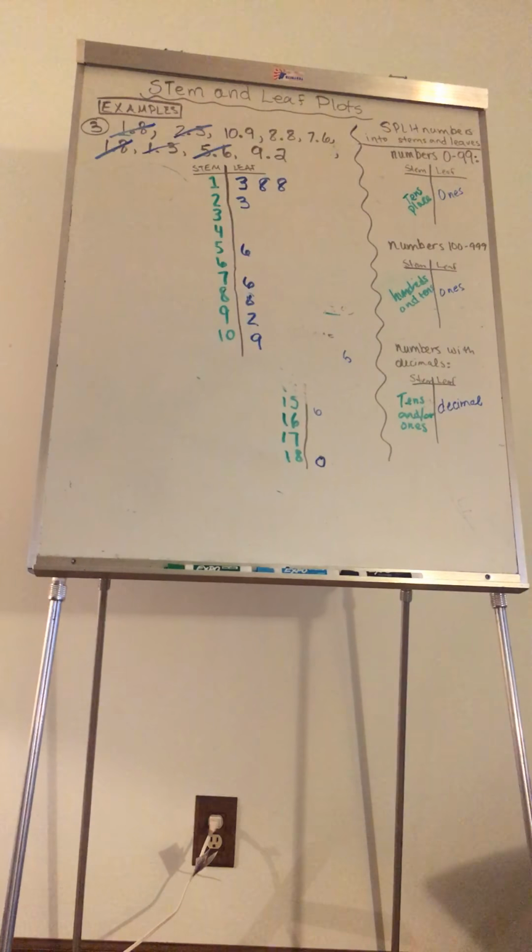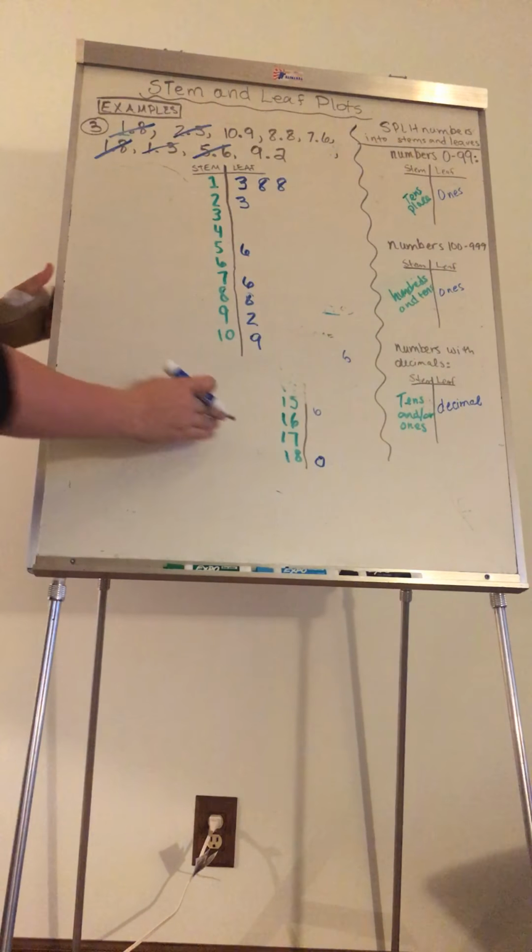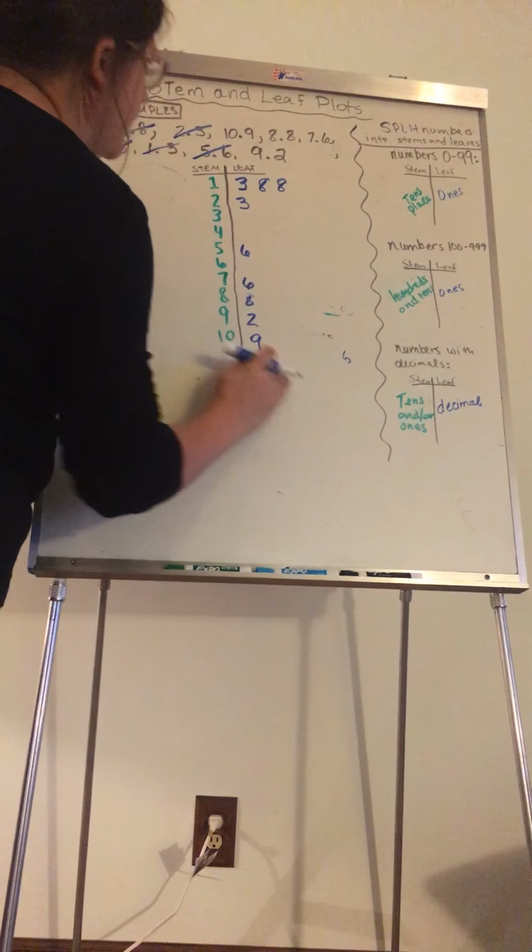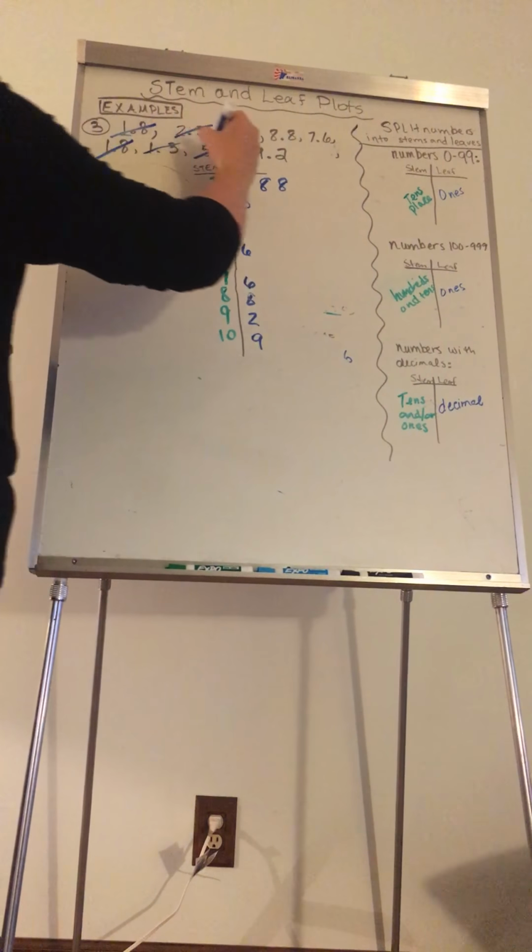So that's how I make my stem and leaf plot if I have decimals. Now you would make a note that this is decimal and this is 10.